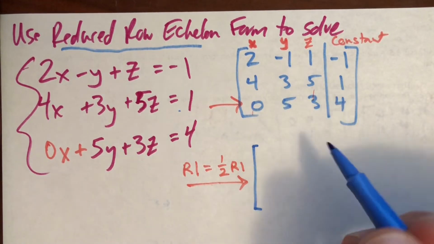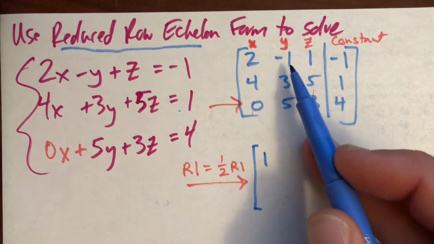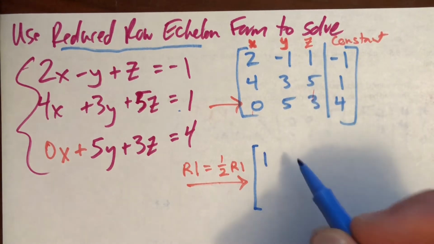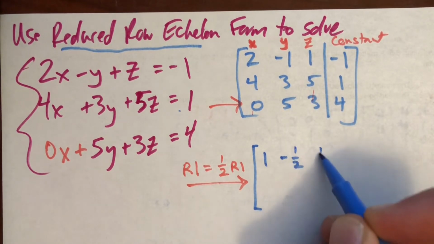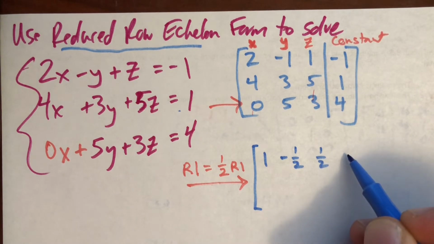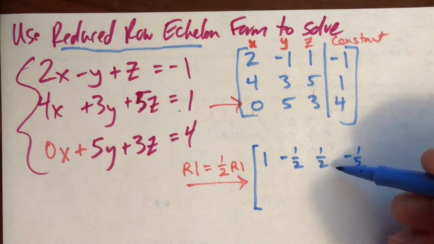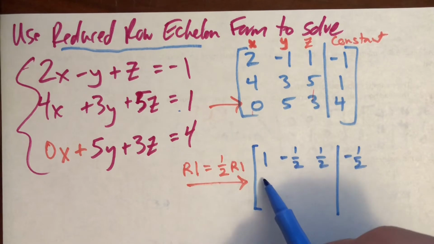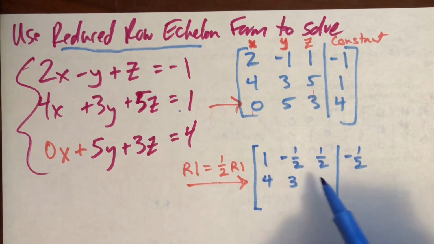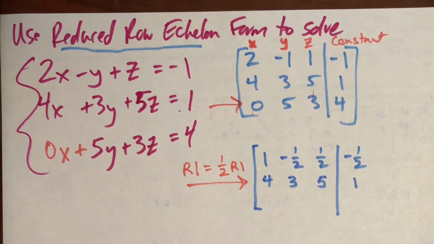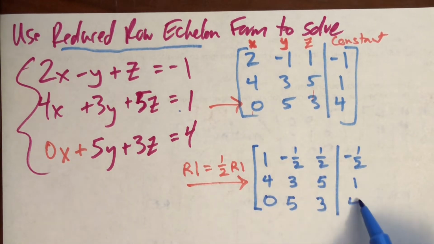So I got a 1, and then a -1/2, 1/2, -1/2. I just divided everything by 2, and this other stuff stayed the same. So I got 4, 3, 5, 1. And then this one doesn't change. I've got 0, 5, 3, 4.